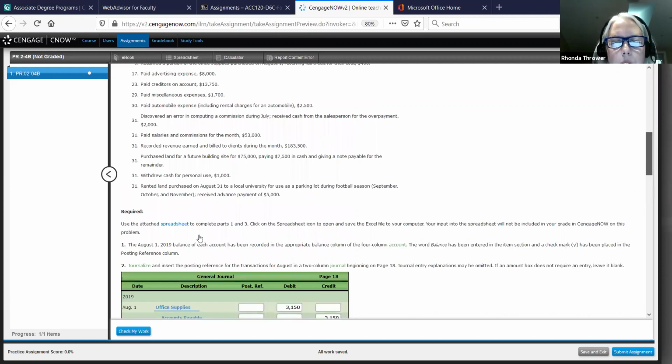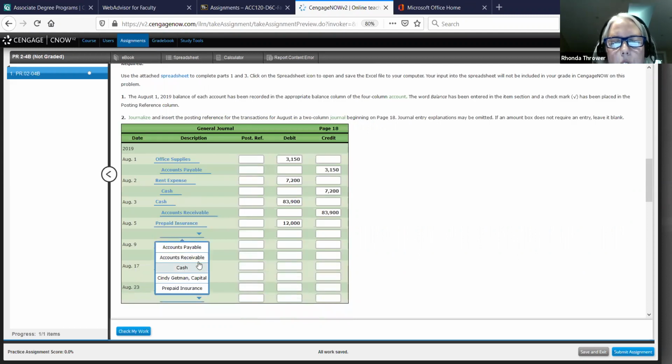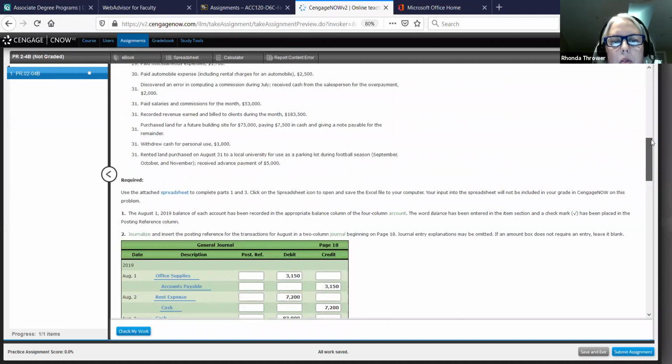So to decrease an asset, cash, we're going to credit it for $12,000. I have one debit to prepaid insurance. I have one credit to my cash. My total debits and my total credits equal, so I'm in balance for this transaction. I can move to the August 9th transaction.